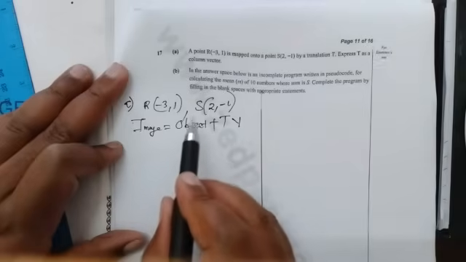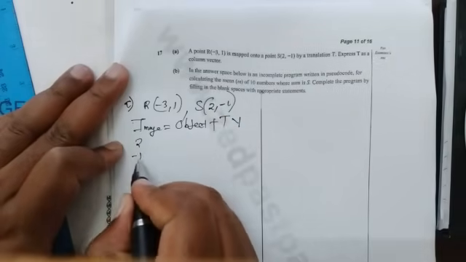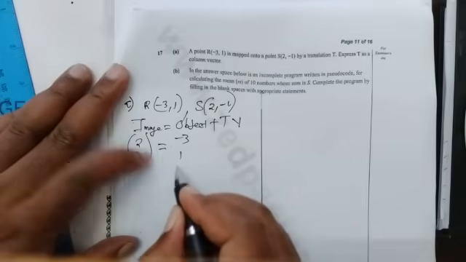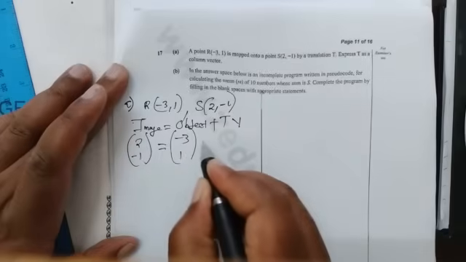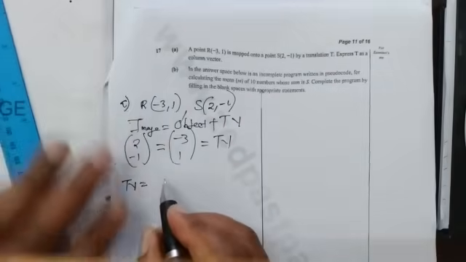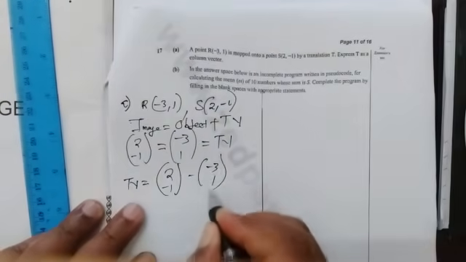So what is our image? This is mapped onto that one. So our image is 2, -1 is equal to, what is our object? -3, 1 plus translation vector. Meaning that our translation vector is equal to 2, -1 minus -3, 1. All right.